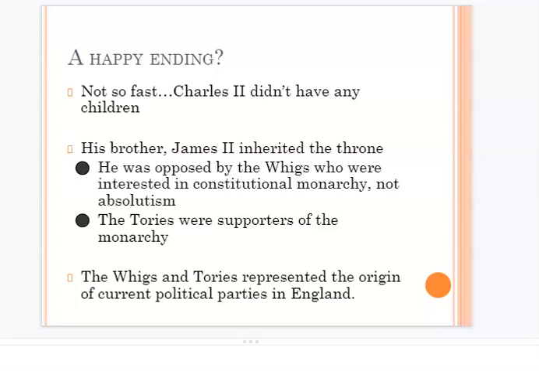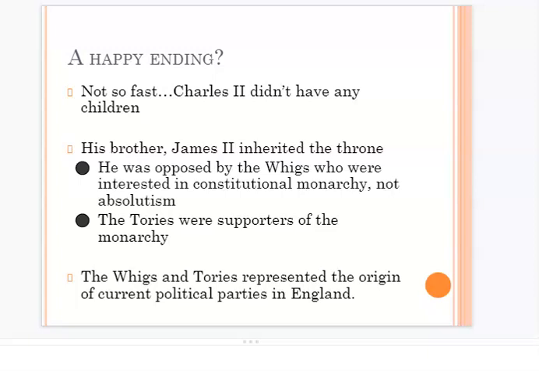The last Catholic they had on the throne was Bloody Mary. James II is Catholic. But they know James II is Catholic, but he has a Protestant daughter who would rule next. All right? He is opposing constitutional monarchy. He thinks he should be absolute.